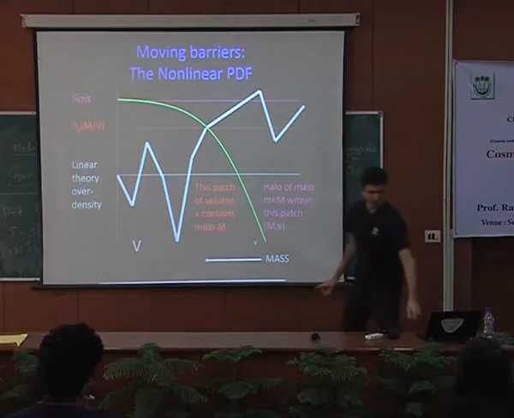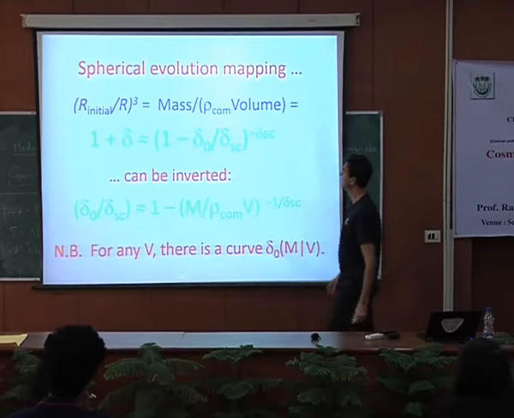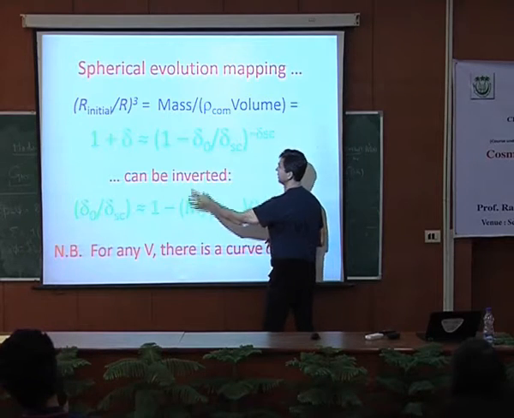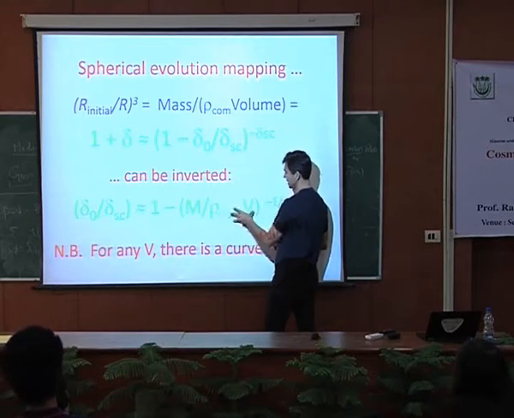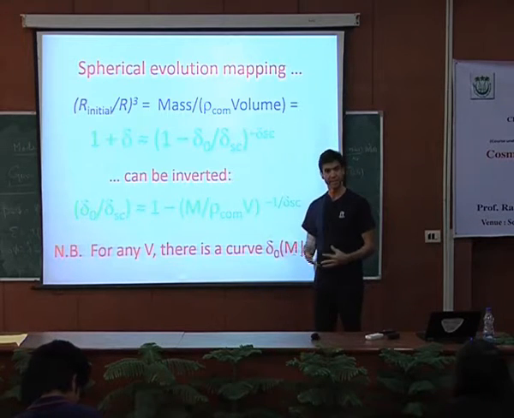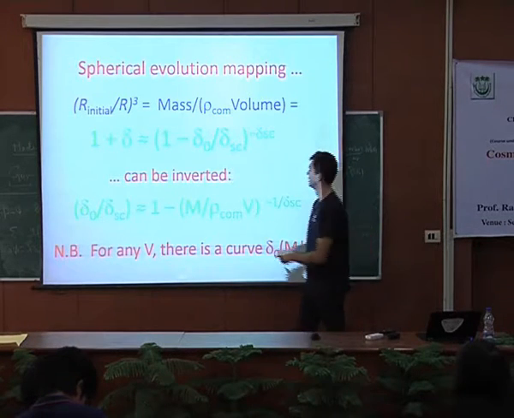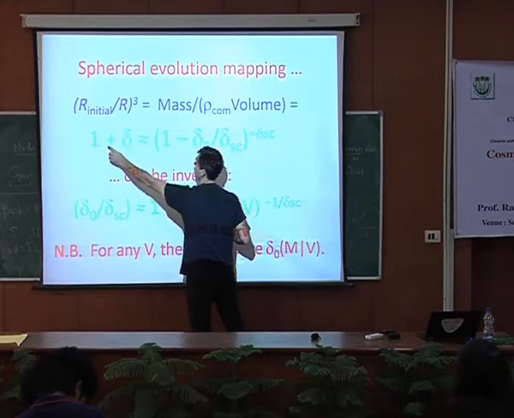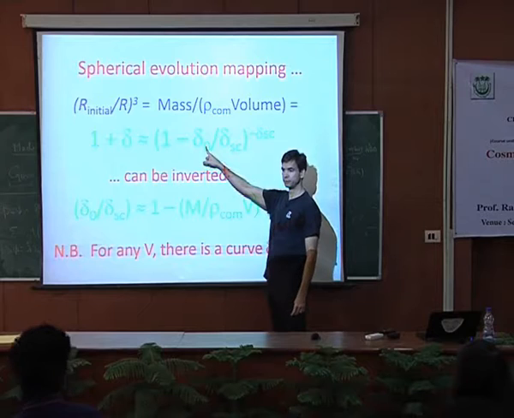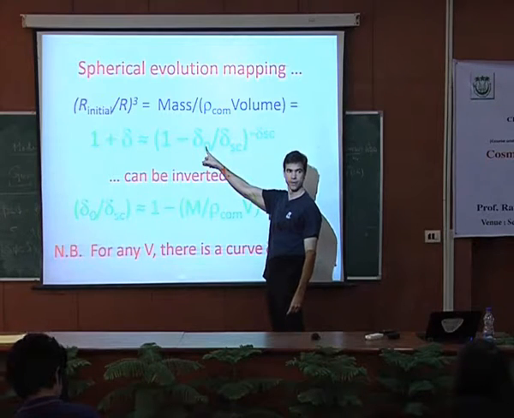How do we know that's the bigger volume? Well, if we go back to this picture, when the nonlinear mass equals the nonlinear volume, there's no density fluctuation, so that means that this guy is 1, and that's because this guy is 0, right?